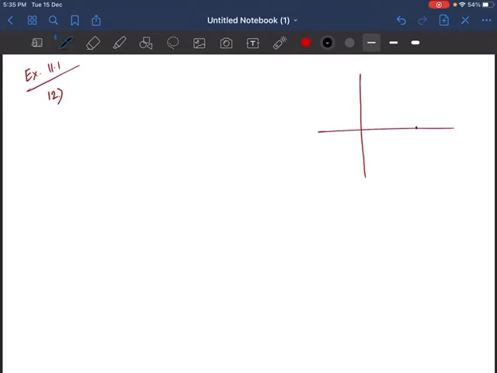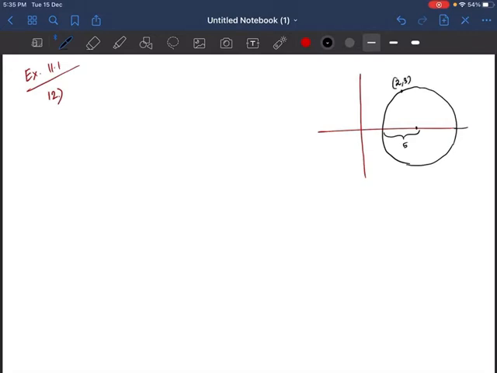So let us say that this is the center of that circle, and here we have that circle. So its radius is 5. So if the radius is 5, we can say that this length is 5, this one is 5. Then it says that it passes through 2, 3. So the circle passes through 2, 3, right?